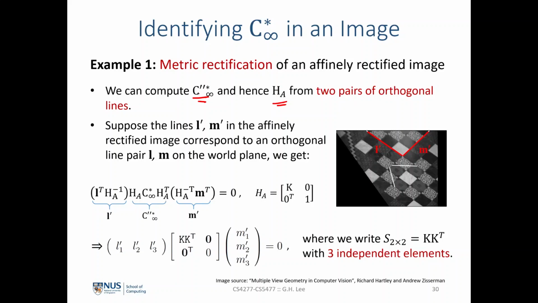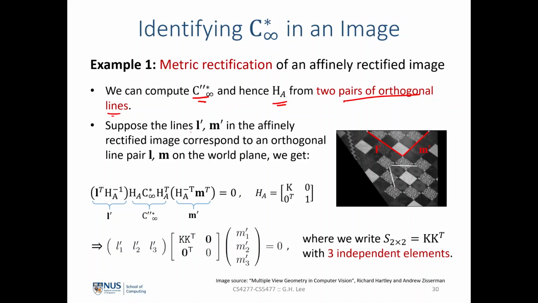We'll see that we can compute C double prime star infinity from two pairs of orthogonal lines from this image here, which is still distorted by affine transformation, but we already have the projective transformation removed.